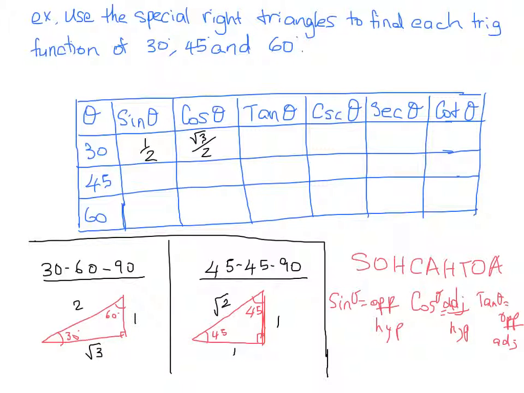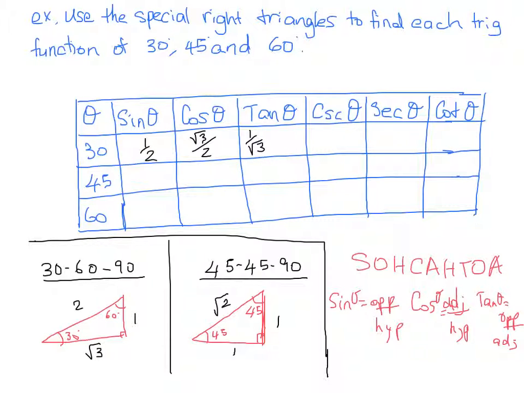We are allowed to have a radical in our numerator, so that's fine, and we can keep going. Tangent of theta, so tangent of 30 is equal to opposite over adjacent. So opposite is 1, adjacent is root 3. So 1 over root 3.